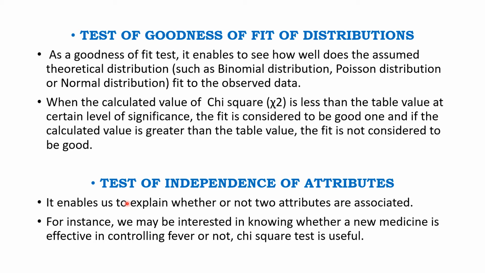For example, if a new medicine is developed for any disease, nowadays we are searching for a medicine for COVID-19, you can take an example of it. When some medicine is made, the researcher or health professional has some assumptions about the effects of the medicine, and some expectations from the results.